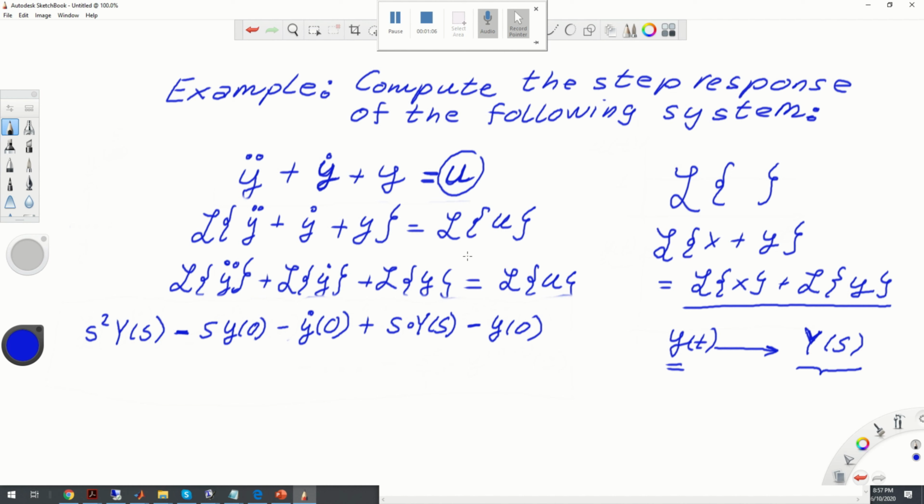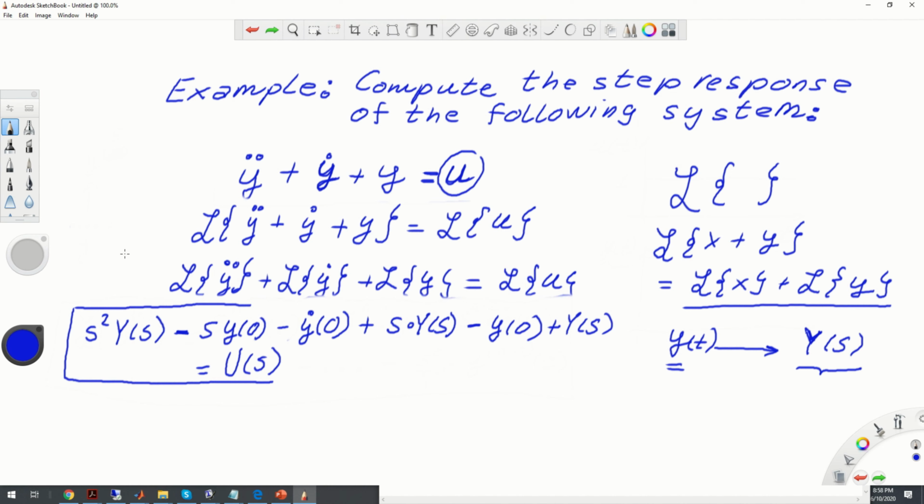And the last term is simply the Laplace transform of y of s. And this equals capital U of s, the Laplace transform of the function u of t.